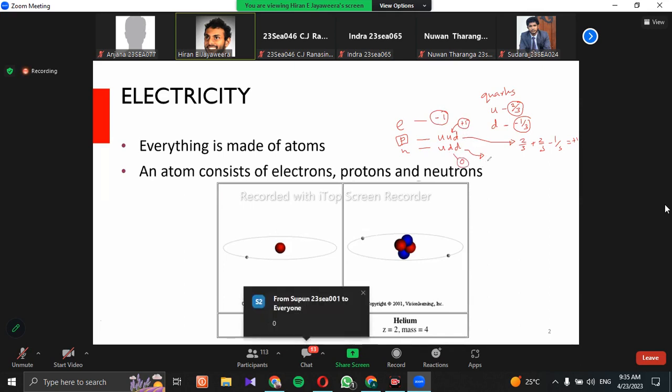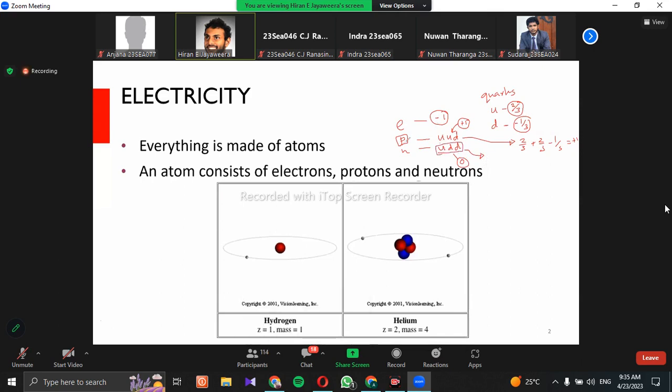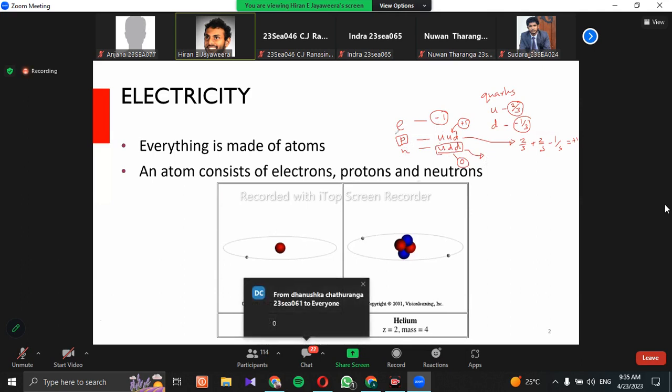So it's 2/3 plus -1/3 plus -1/3. It's 0. So quarks are fundamental particles, but protons and neutrons are not fundamental particles. And electron, you can't subdivide even further, so electrons are also considered a fundamental particle. Okay. So those are some background knowledge, good to know things.